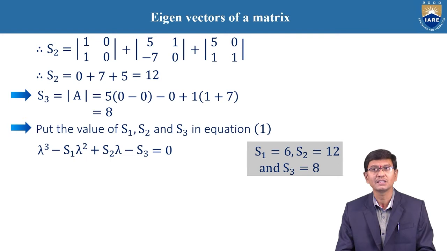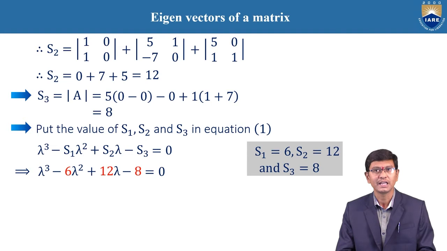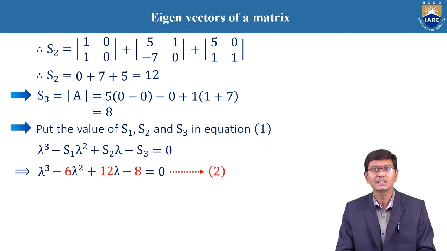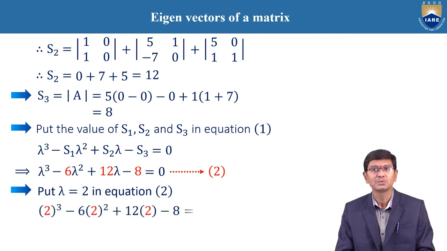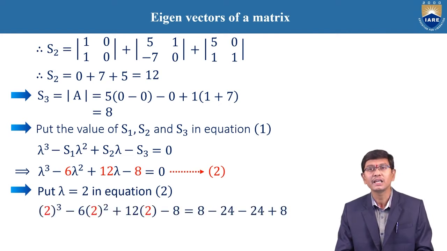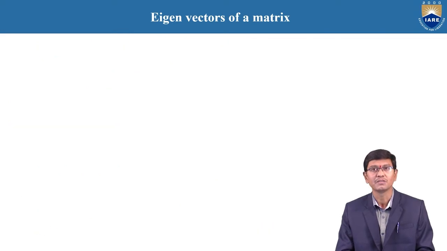With S1 equal to 6, S2 equal to 12 and S3 equal to 8, the equation reduces to lambda cube minus 6 lambda square plus 12 lambda minus 8 is equal to 0. By replacing lambda with 2, the equation reduces to 0. That means one of the roots is lambda is equal to 2.